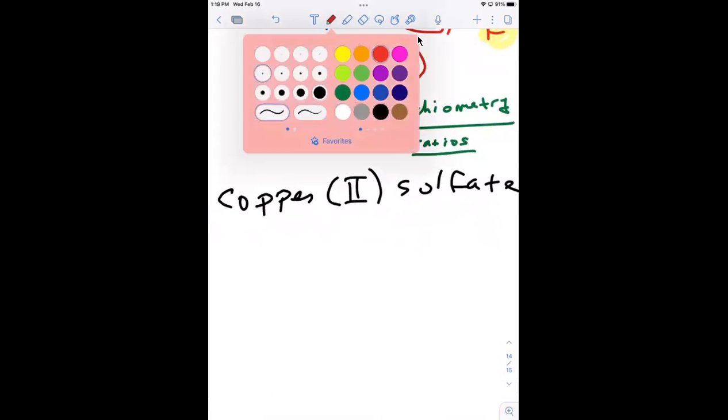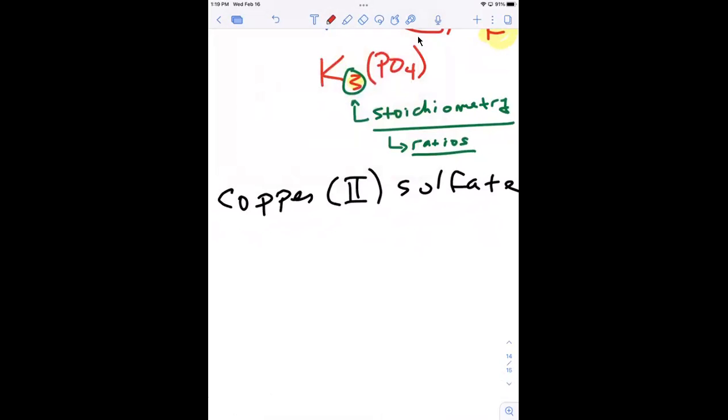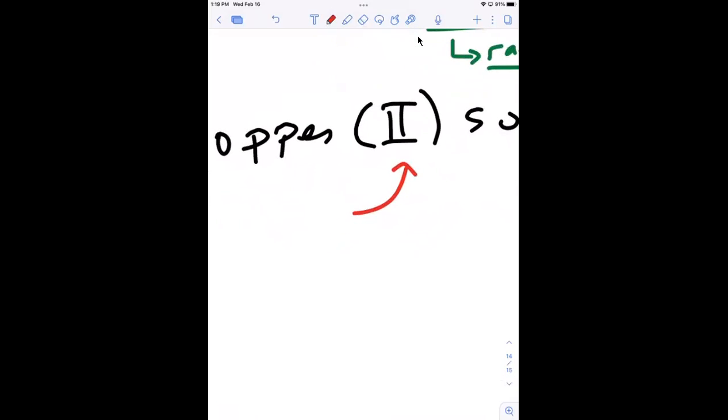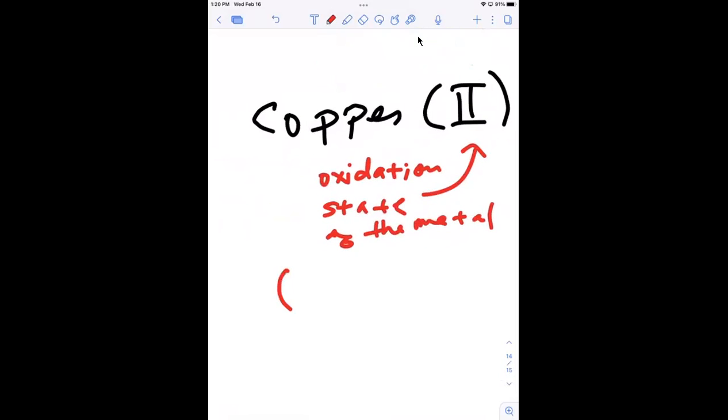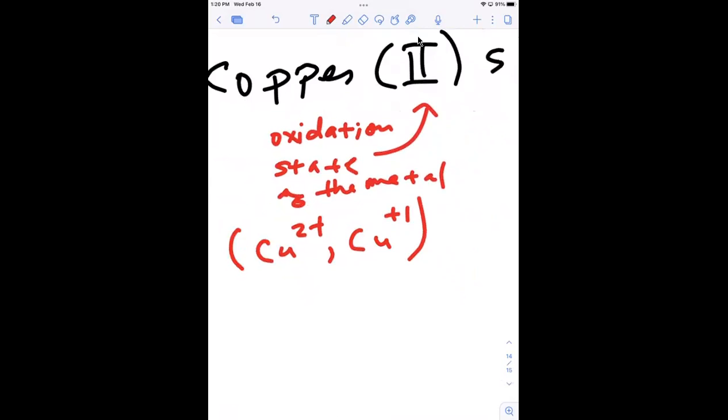Is it how many protons? No, not in this case. The Roman numeral 2, when you see that after a metal, means that the metal has more than one oxidation state. So this represents the oxidation state of the metal. Copper just happens to exist as copper 2 plus and copper 1 plus. So it can exist in both of those oxidation states.